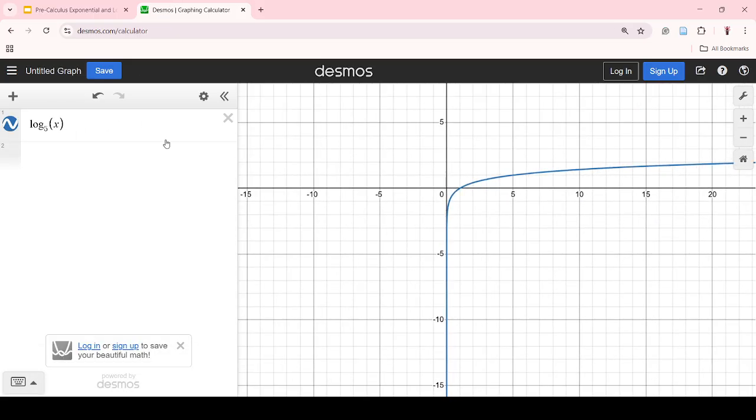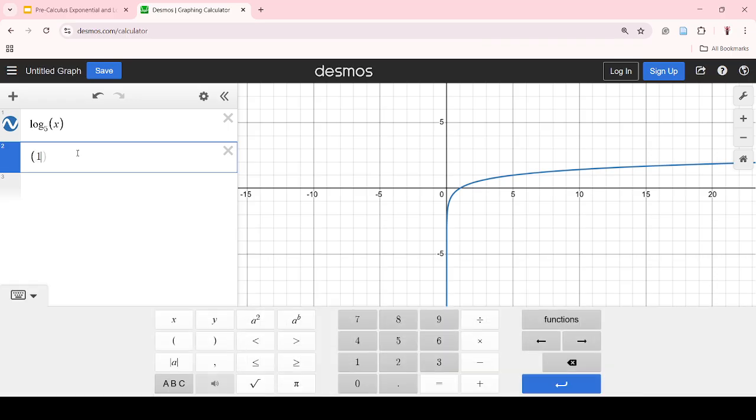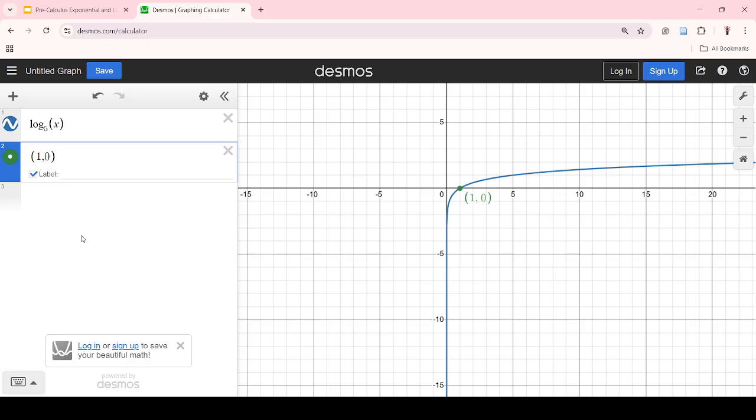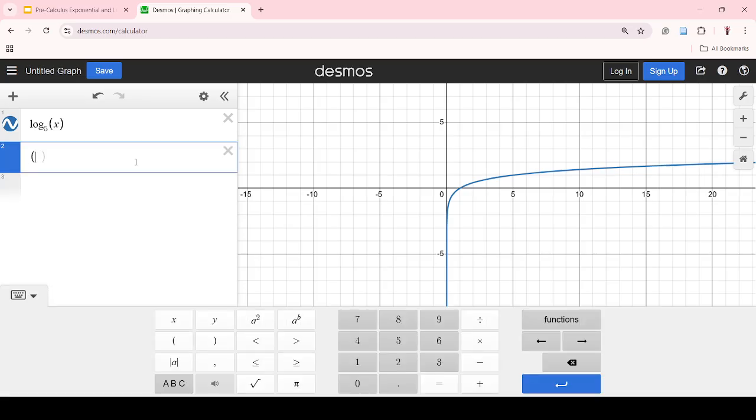Excuse me. You always have to have that x variable in here in order to actually have a logarithmic expression. So, as you see from our notes just a moment ago, does it cross the x-axis at (1, 0)?